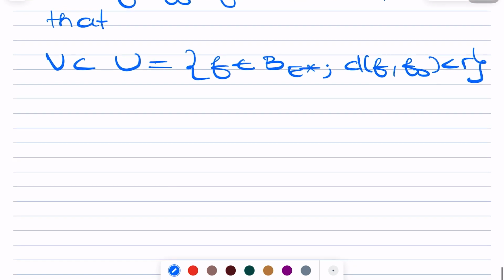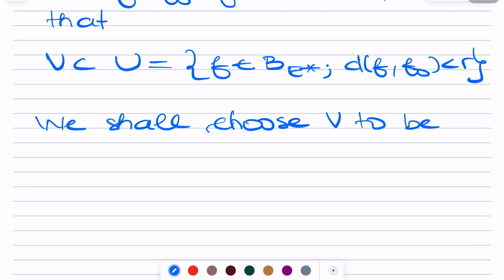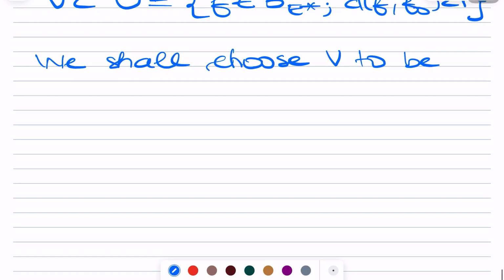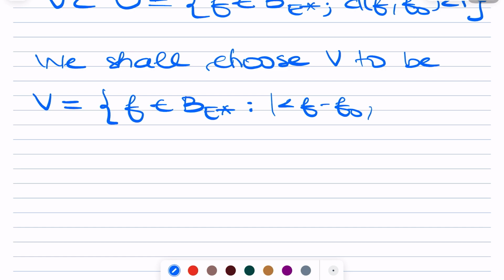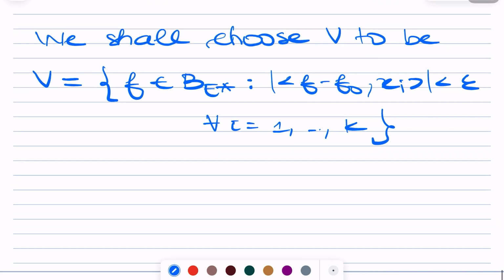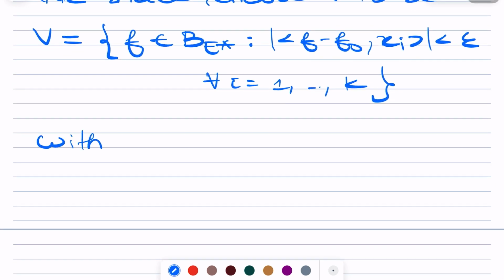So we should choose V to be of the form, because we know how to characterize neighborhoods of a point for the weak star topology. So V should be of the form: F in B star such that in absolute value the dual pairing of F minus F0 with xi is strictly less than epsilon for every i moving from 1 up to k, with of course epsilon positive.